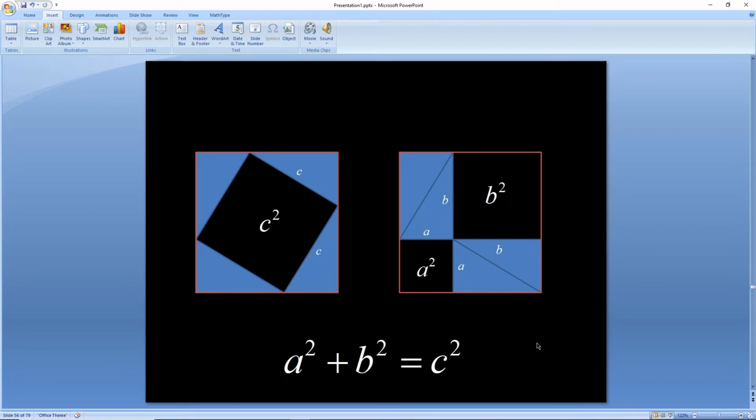There's actually more things that are even more interesting about the Pythagorean theorem that maybe we can talk about sometime in the future, but I don't want to get overly complicated with this right off the bat. This is what you need to burn into your brain, the Pythagorean theorem.